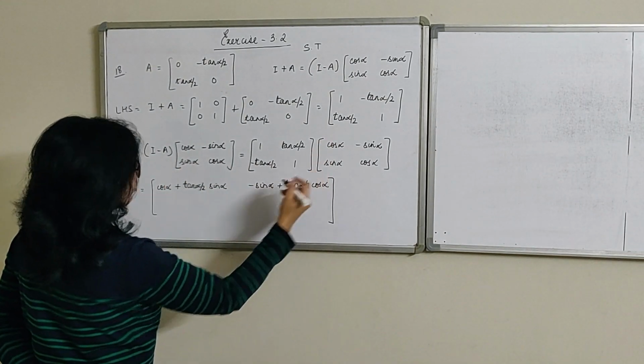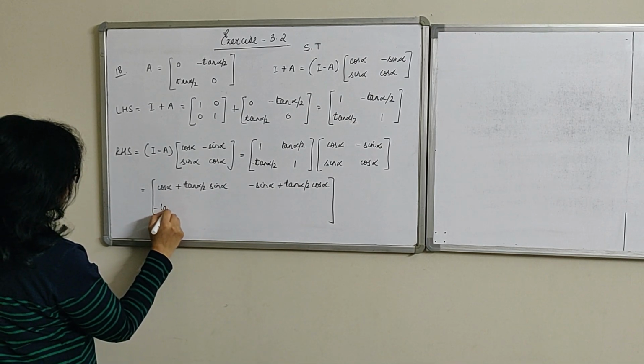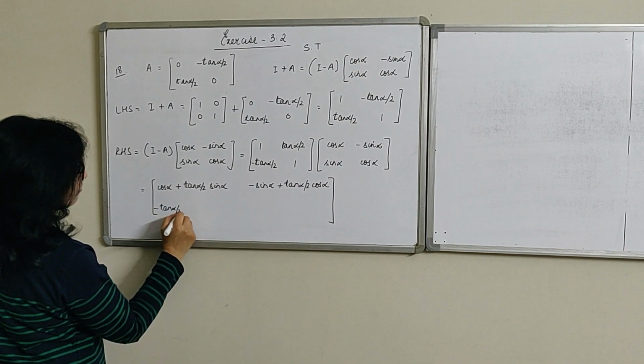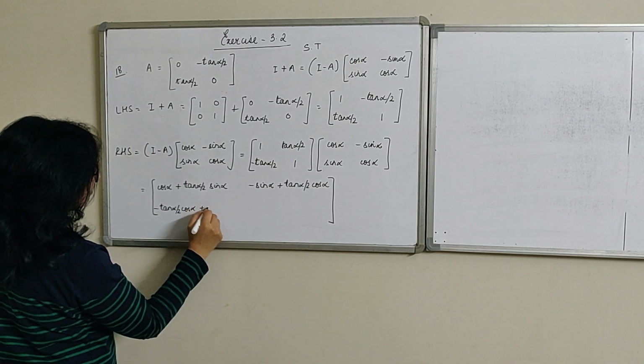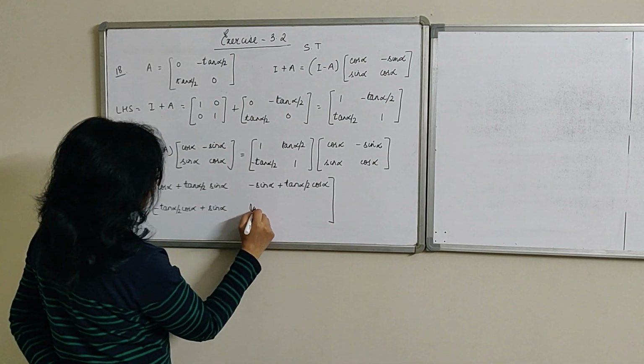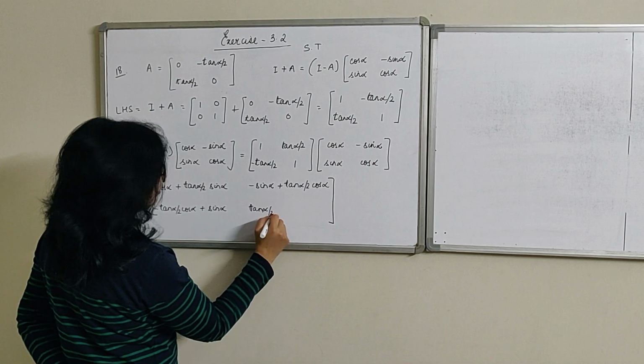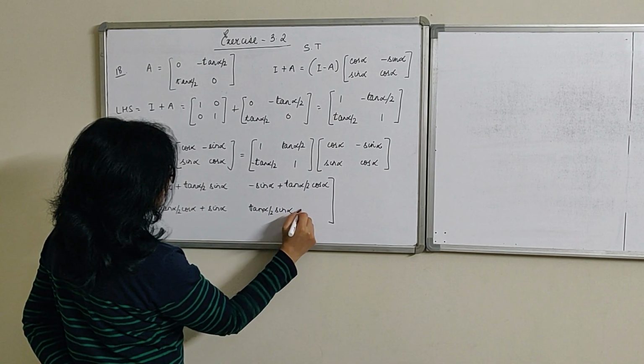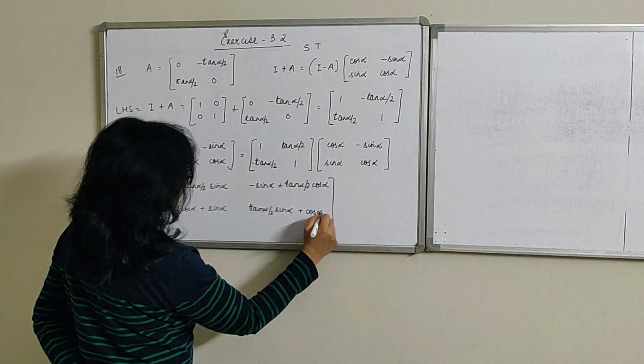Second row multiplied by first column, minus tan alpha by 2 cos alpha plus sin alpha, and the last element would be tan alpha by 2 sin alpha plus cos alpha.